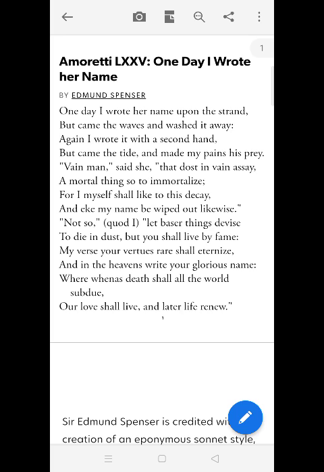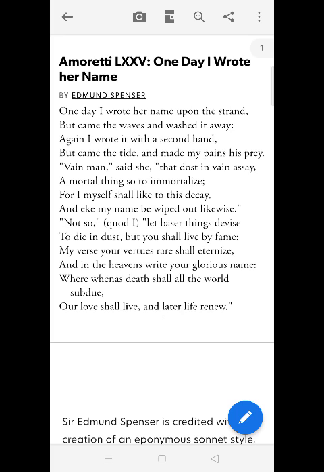In this line, it seems that in a way he is making a kind of promise to his beloved. He promises her to eternalize her through his verse, his creative writing. How can he make her eternal or immortal?